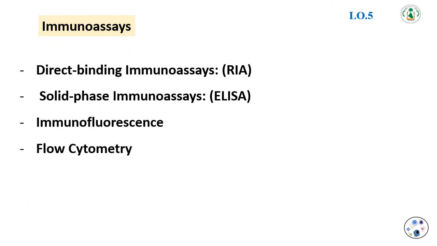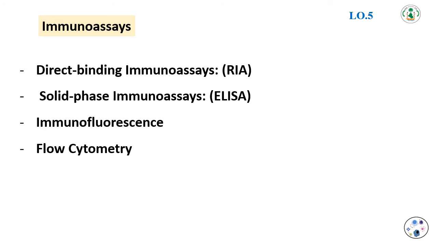Immunoassays: direct binding immunoassays like RIA, radioimmunoassay, which is no longer used because it is very difficult and a radioactive substance is needed in that test.